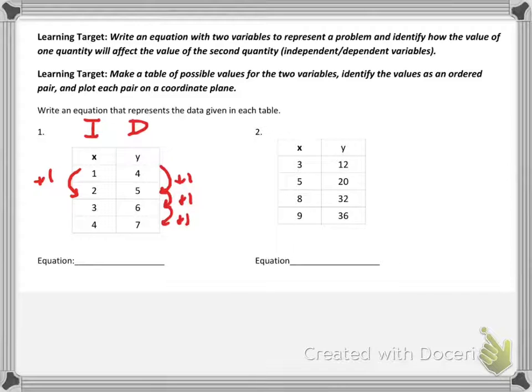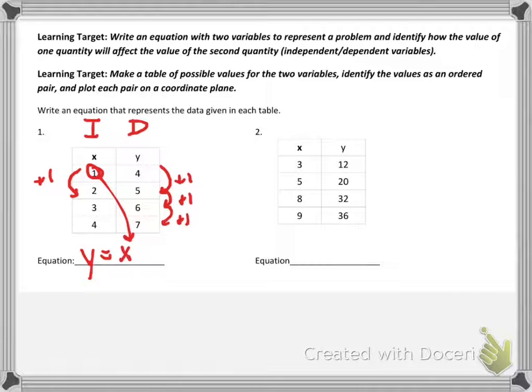So my equation starts with y equals, it's always the dependent variable equals. I'm going to multiply my independent variable x by 1, so it's just x. And then I might have to add some stuff to this. If I put a 1 in for this x, I get y equals 1, but I don't want it to be 1.